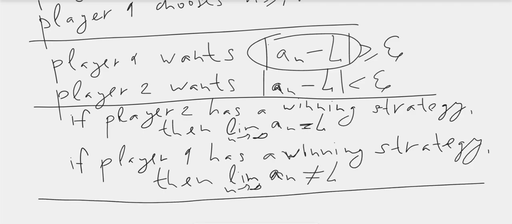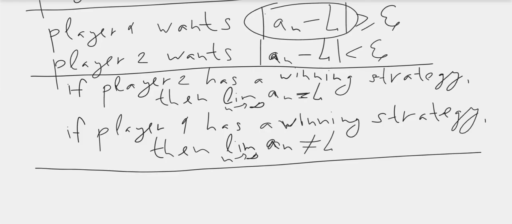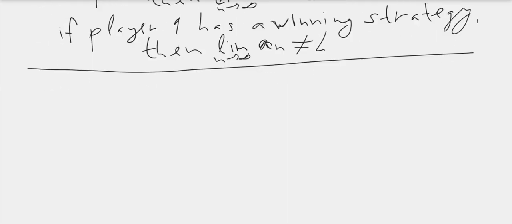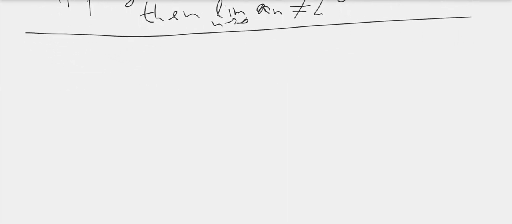Yeah, so I think it's interesting to think about the definition of limit in terms of this game, and we can think the same when we define a limit of a function.